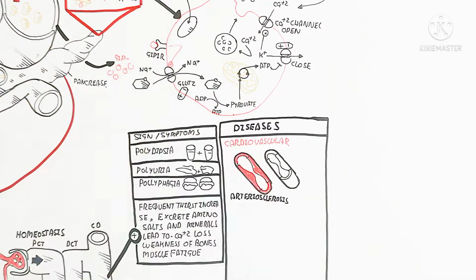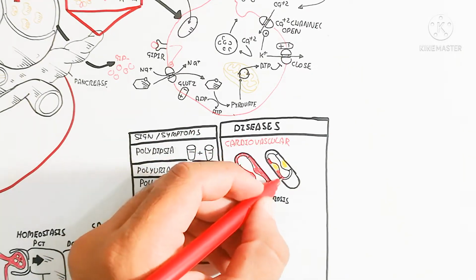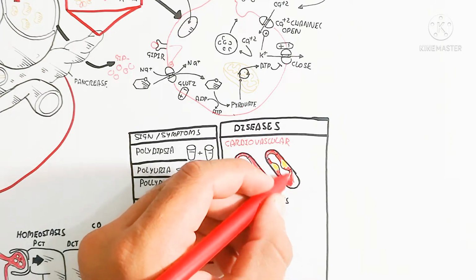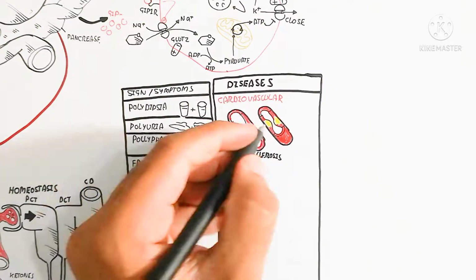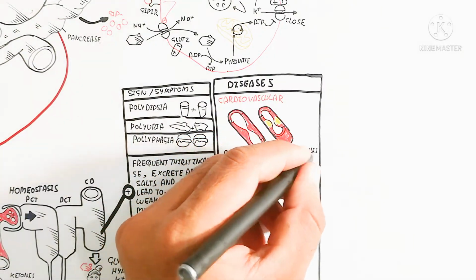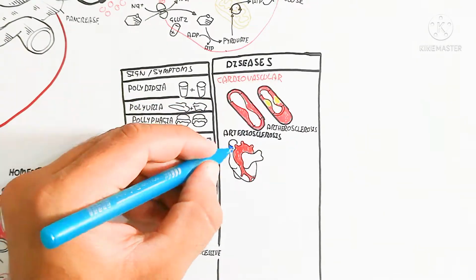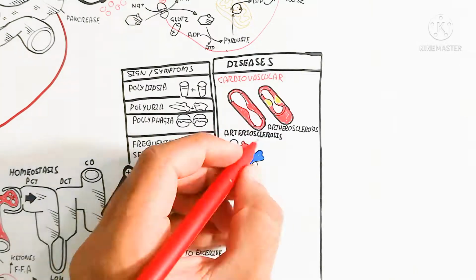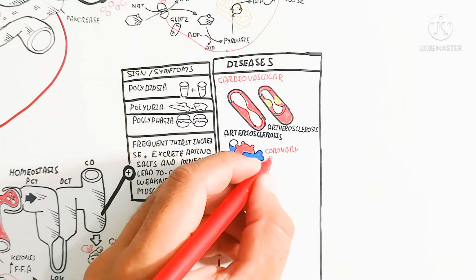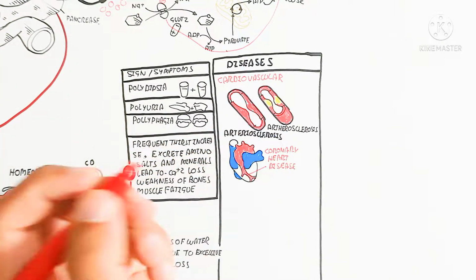On the other hand, we will discuss the diseases that can occur. It is cardiovascular disease, in the form of arteriosclerosis, the thickening and hardening of the blood vessels, while atherosclerosis is the plaque formation of lipids. The lipid plaque formation we will discuss later in this video.